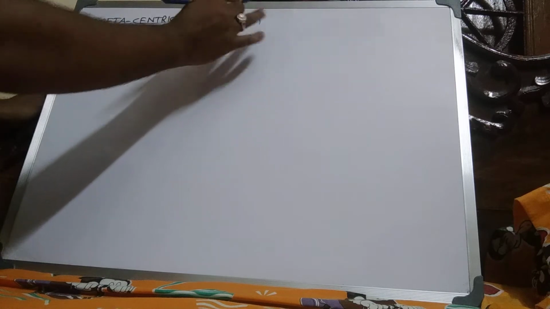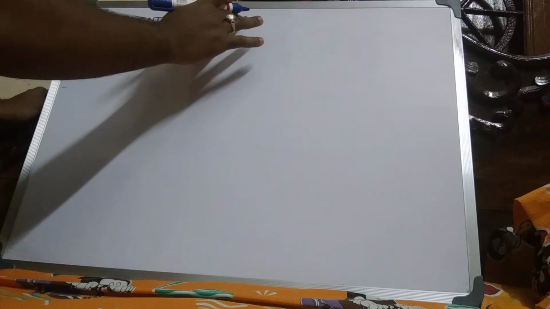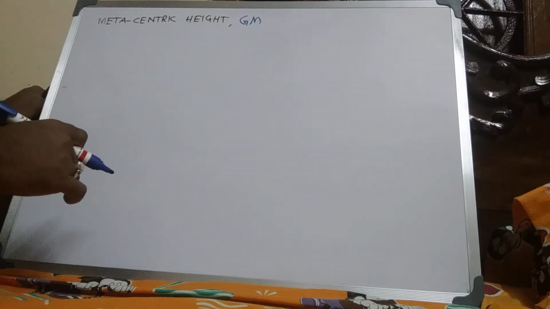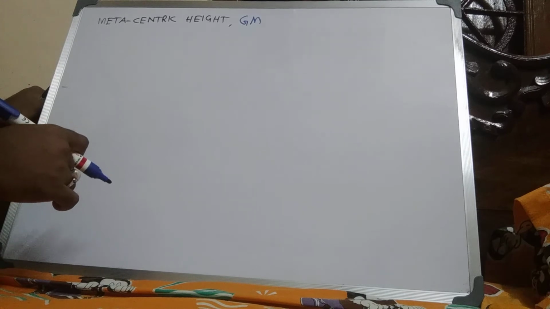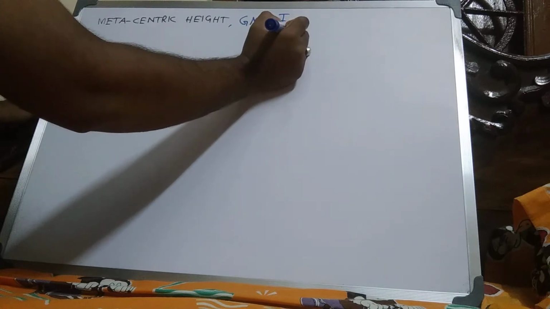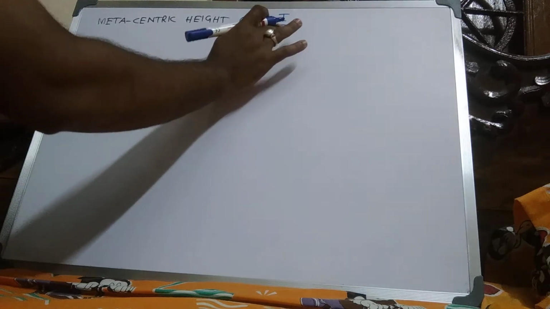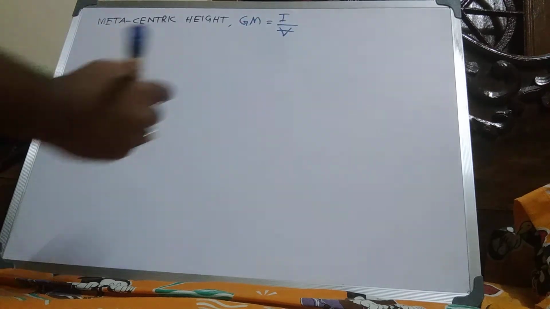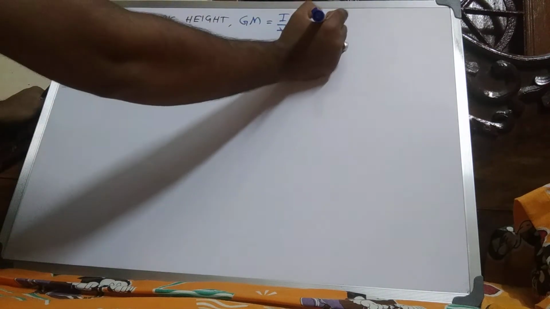Next, metacentric height GM. GM means the distance between the center of gravity and the metacenter of the body. It is I divided by the volume of fluid displaced, minus BG.